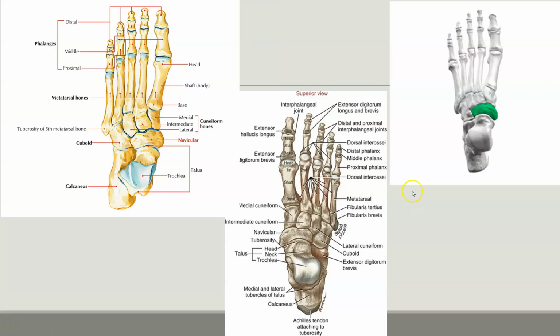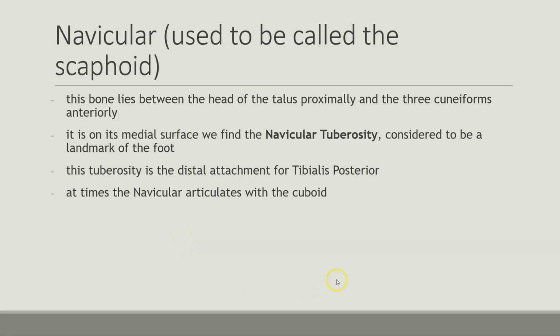So our next bone, looking at the diagrams, we've done the talus, which is right here, and we've done the calcaneus here. Now we're going to do the navicular, and as we learned, the talus directly articulates with the navicular at the head. The navicular used to be called the scaphoid.